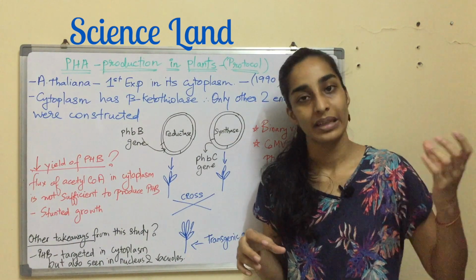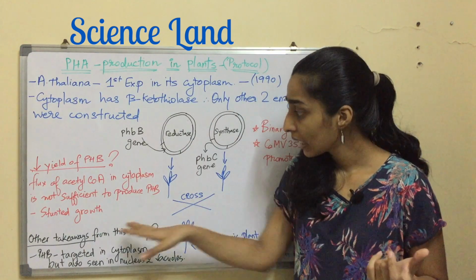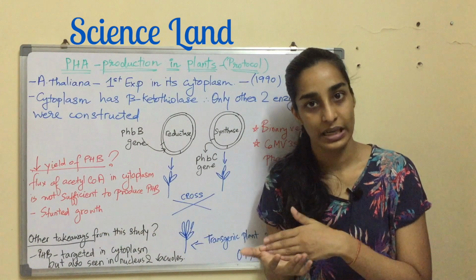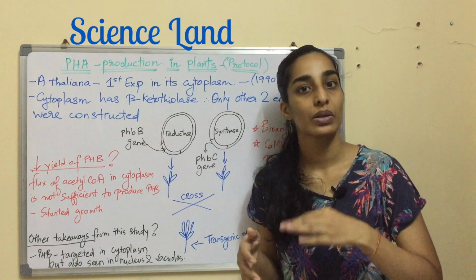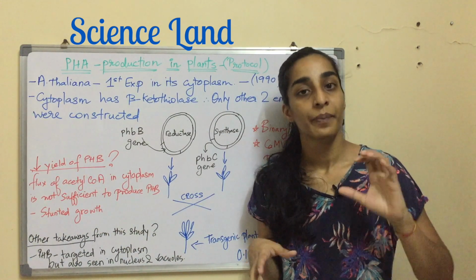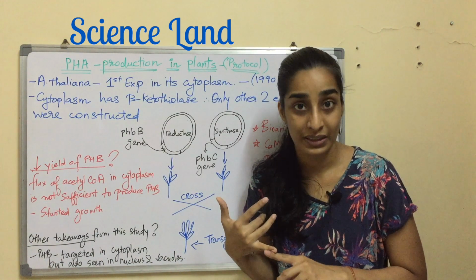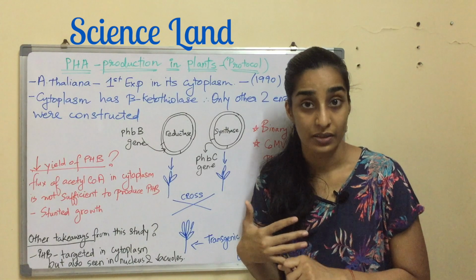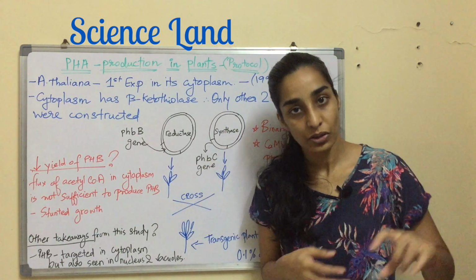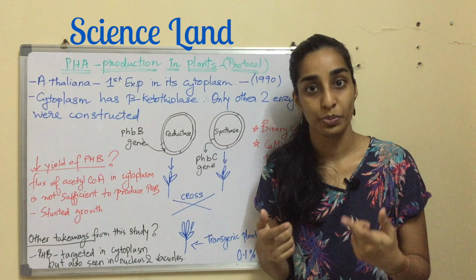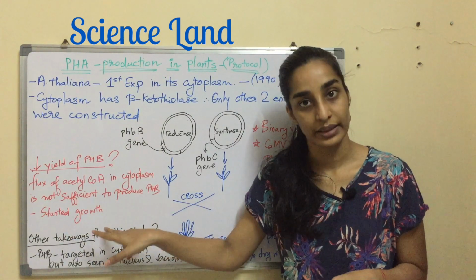So, you will get less amount of PHB. The other observation was stunted growth. Now, since acetyl coenzyme A molecule is also used in other natural pathways of plant, like maybe plant hormone synthesis or sterol synthesis, the diversion of acetyl coenzyme A to produce PHB resulted in stunted growth.